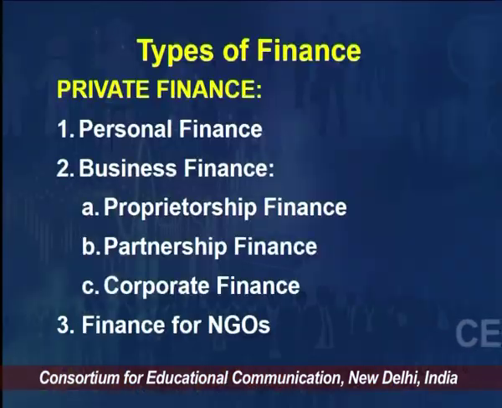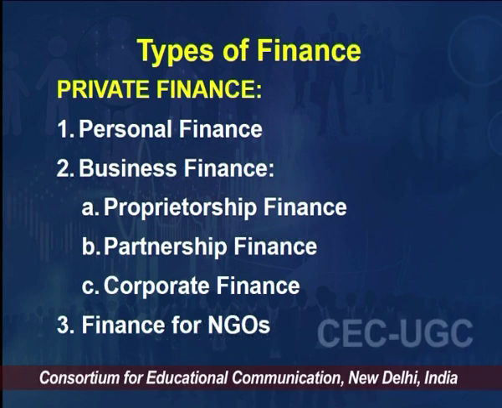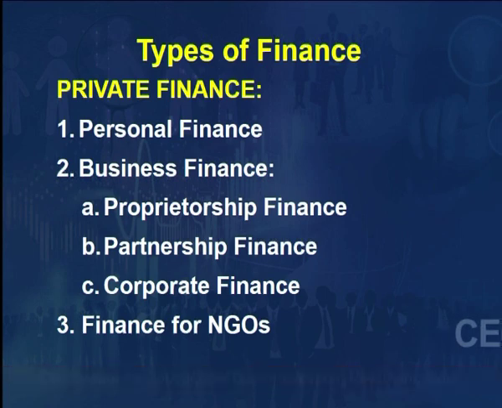So, the third is under public finance: finance for NGOs, non-government organizations, the organizations which do not work for money. They are not-for-profit organizations which do not intend to make money. Even there, we need to have the finance function taken care of well, to ensure the sustainability of those NGOs.